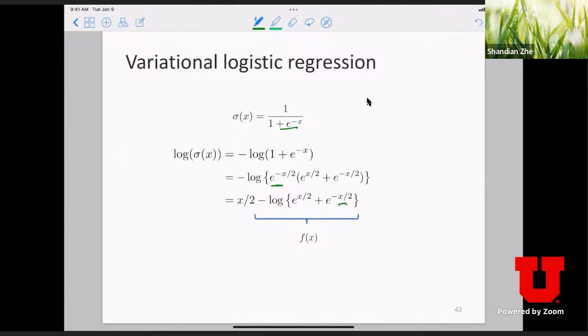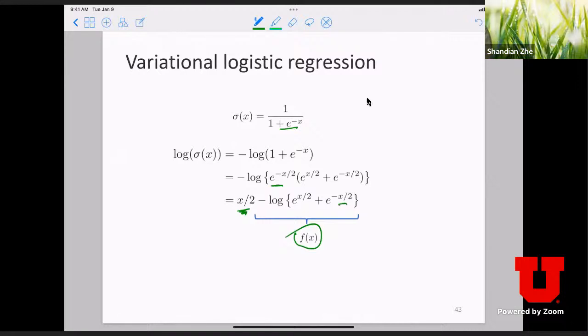So you can see that log sigma x is a linear term of x plus this f of x. The linear term is always easy to deal with, so if we can show some convex property related to f of x, we can still construct a lower bound by using the convex conjugate.